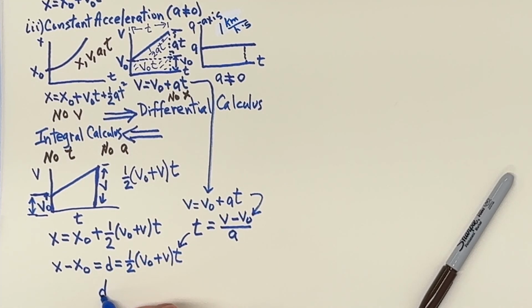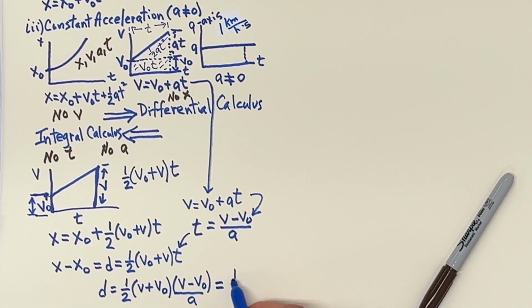So that would give me d is 1/2. Now I'm going to write the v first here and the v naught second. And then here I have v minus v naught over a. And now remember from algebra that a plus b times a minus b gives a squared minus b squared.